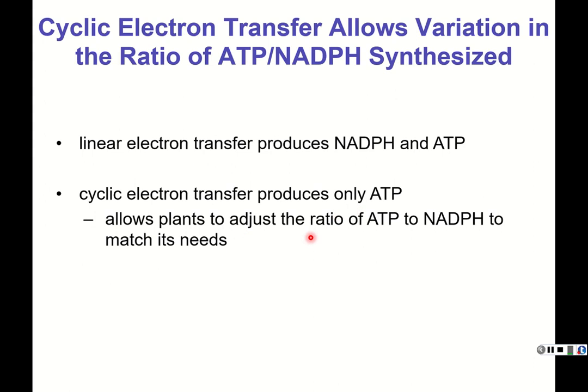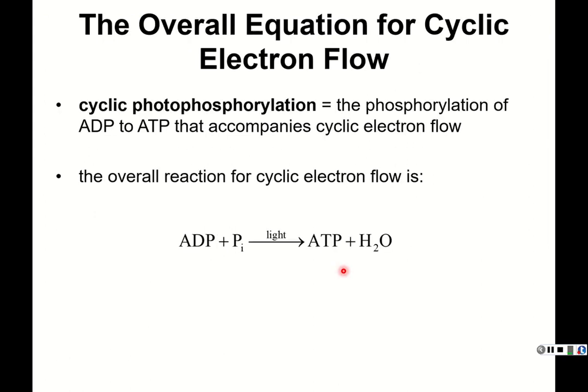This allows plants to adjust the ratio of ATP to NADPH to match its needs. You can also think of it as if there's no NADP+ around, which can be limiting in this process, you can still produce ATP. So in cyclic photophosphorylation, you're just converting ADP to ATP, and that's accompanying this cyclic electron flow.